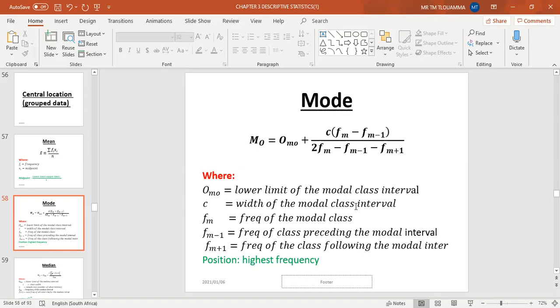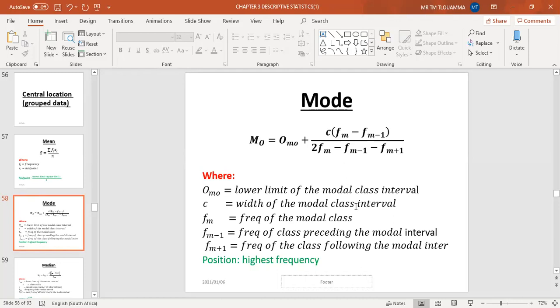Fm minus 1 is the frequency of the class preceding the modal class. Preceding means before, something that comes before in order.